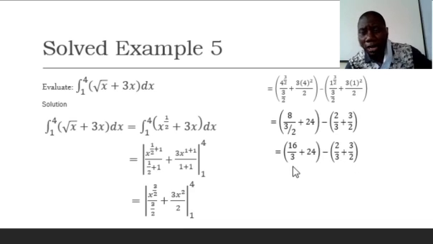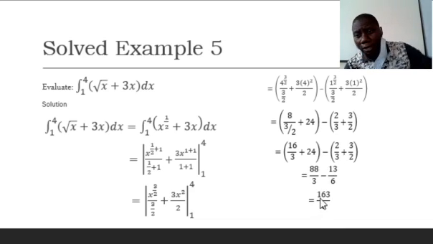Then simplifying further, if the first bracket is simplified, that will give me 88 over 3, minus, simplifying the second bracket, I will have 13 over 6. Then 88 over 3 minus 13 over 6. I'm going to look for the LCM here, which is 6. So when you simplify further, you are going to have 163 over 6. You can leave your answer like that. And that is the end of that solution.